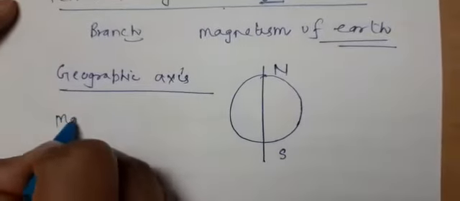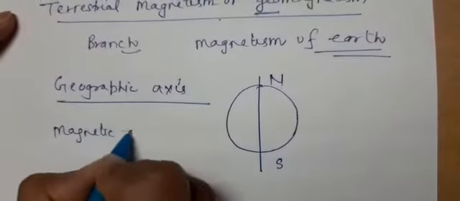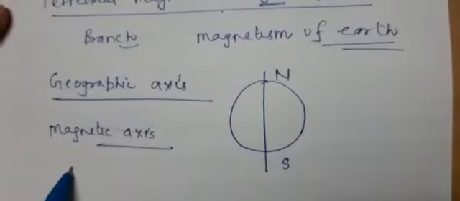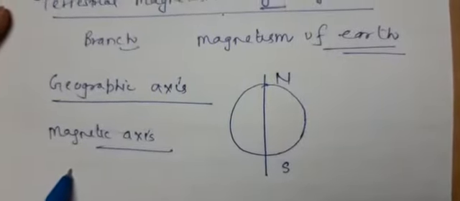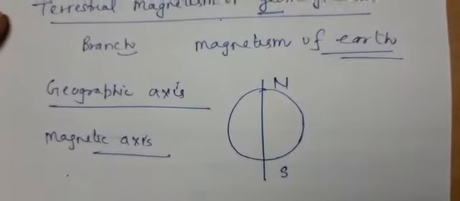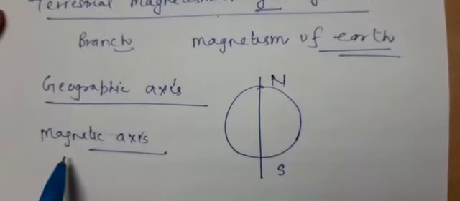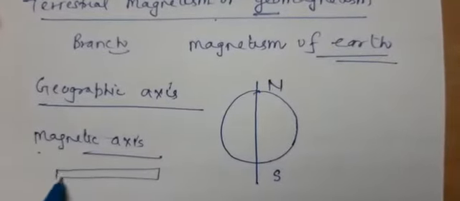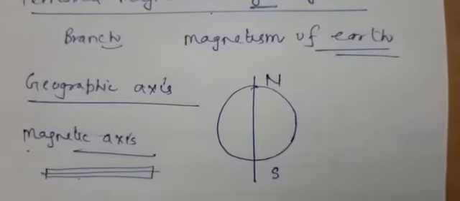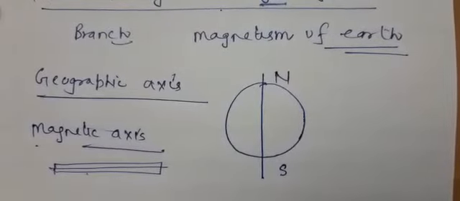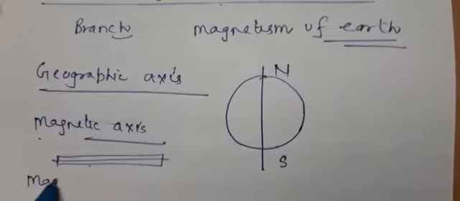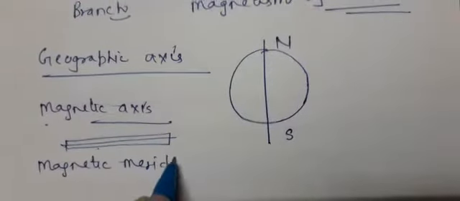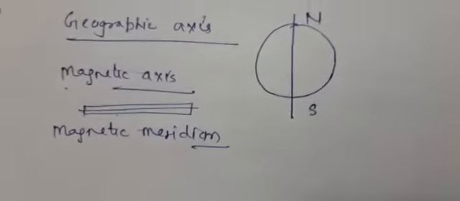Then magnetic axis. Magnetic axis is a straight line passing through the magnetic north and south pole of the Earth. It means within the magnet, the line joining north to south pole is taken as the magnetic axis. Magnetic meridian: a few terms we are introducing because in the coming topic these terms will be used.